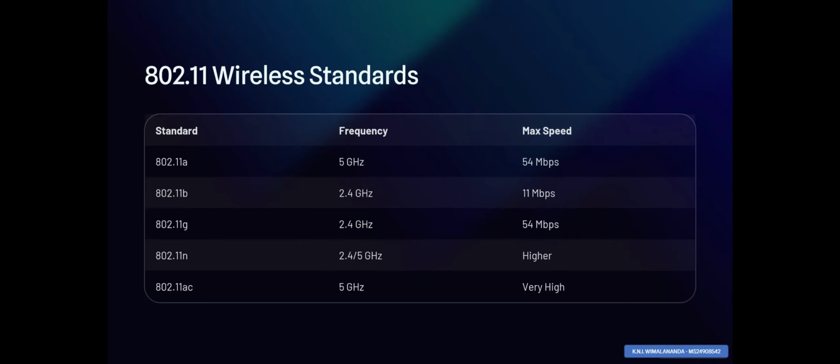The AC, the last one, focused on 5 GHz with very high throughput capabilities. Each standard represents an evolution in wireless technology with improvements in speed, range, and reliability to meet growing demands for wireless connectivity.